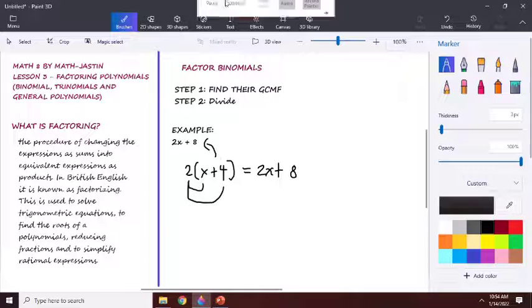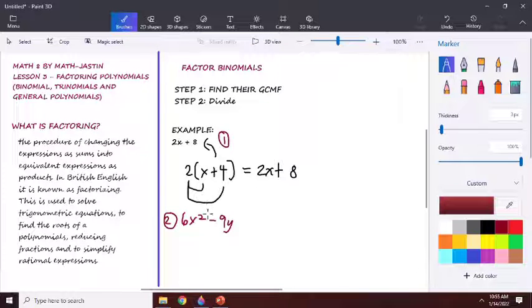Next example. We have 6x squared minus 9y. First, you are going to find their GCMF. What is it? For 6, we have 1, 2, 3, 6.